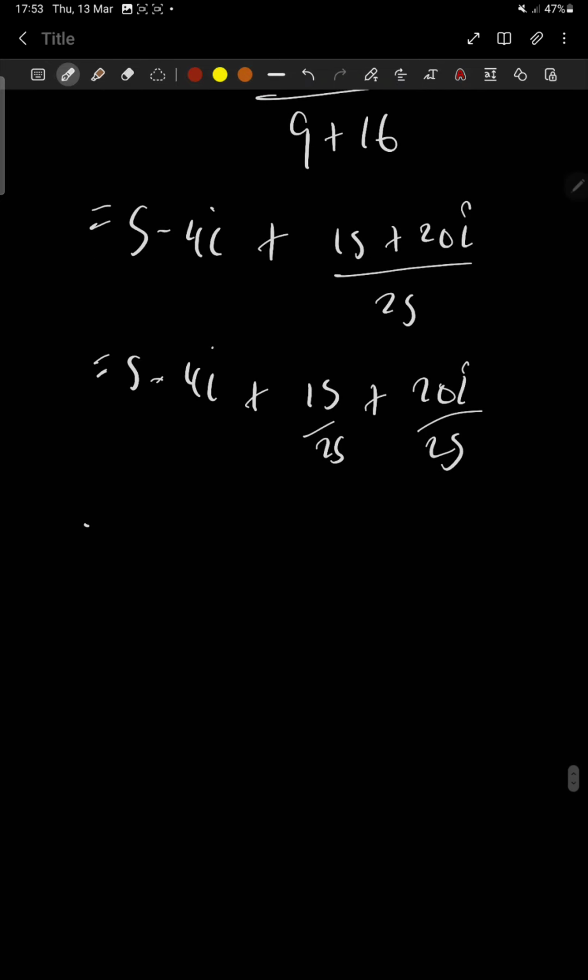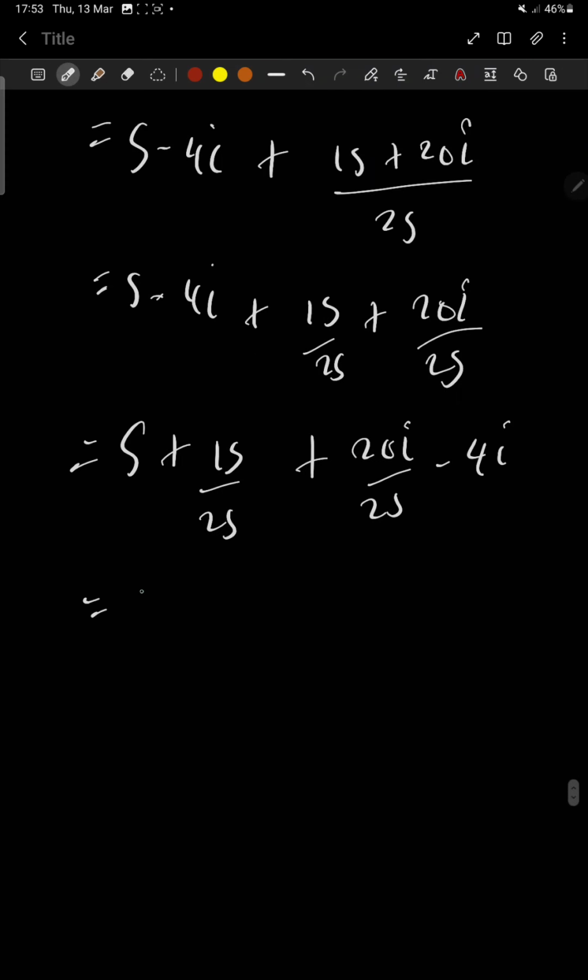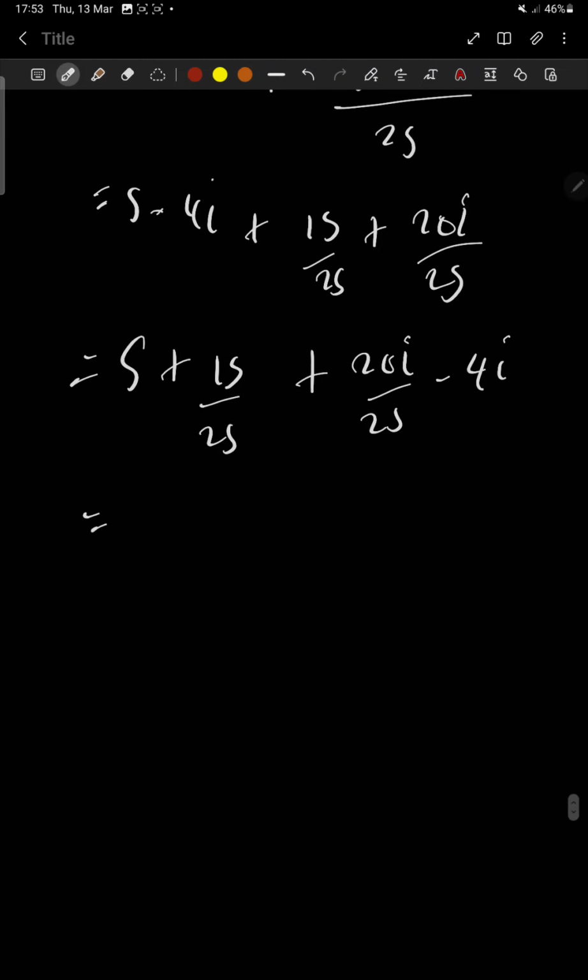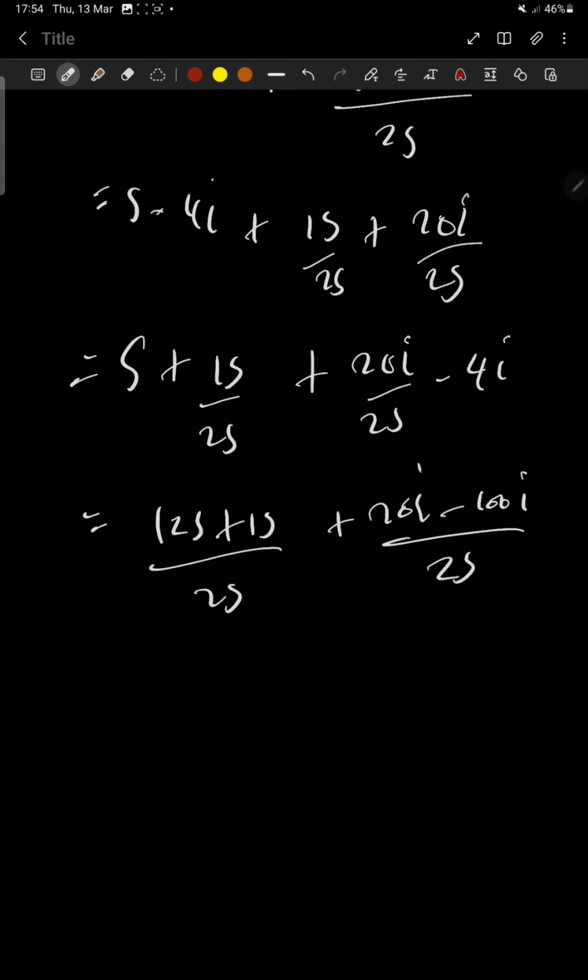We'll then collect the real and real. 5 plus 15 over 25, then plus 20i over 25 minus 4i. So if you make this a single fraction, 5 times 25 is 125, so it should be 125 plus 15 over 25, plus, make this a single fraction, this will be 20i minus 100i over 25.